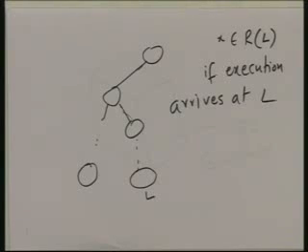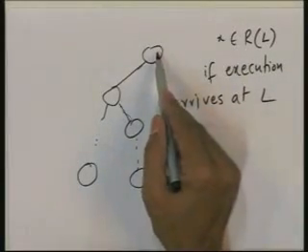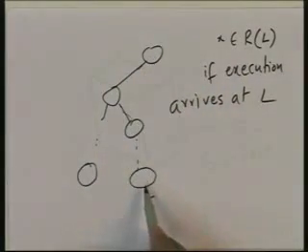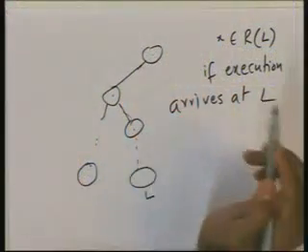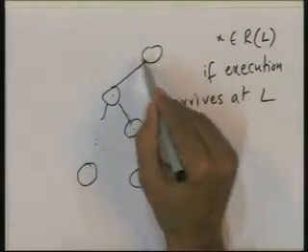Let me first begin by giving some intuition. I said that x is the set of points such that if I start from here, eventually I get to L. So what do I know about x? Each node that is visited has some condition associated with it.